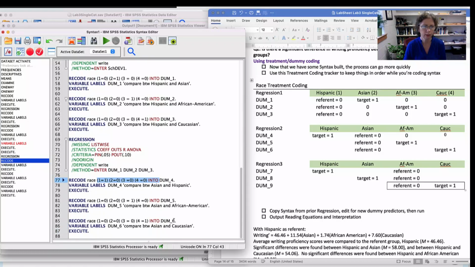Good. For DUM6, it's between Asian and Caucasian, right there. So everyone else should be zeros. Asian, Caucasian, yeah. So I have those three ready to roll.